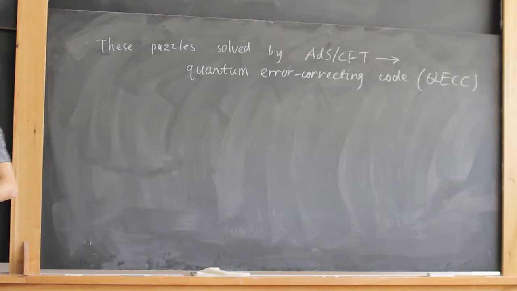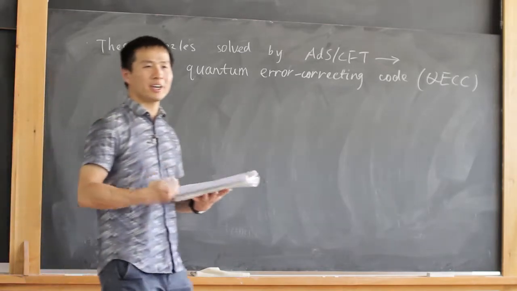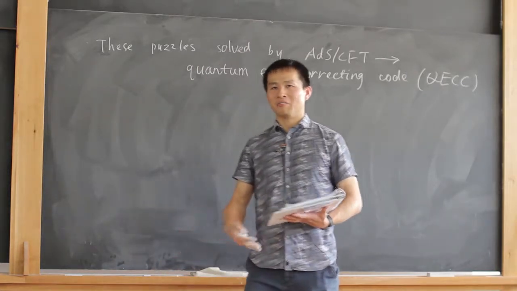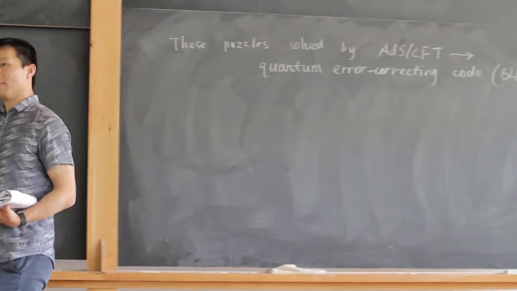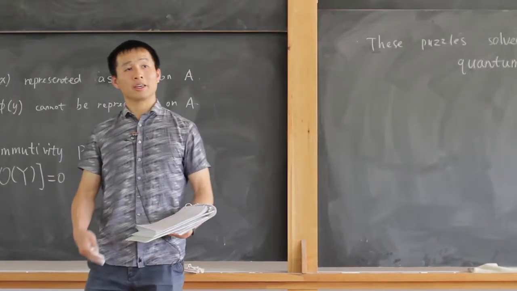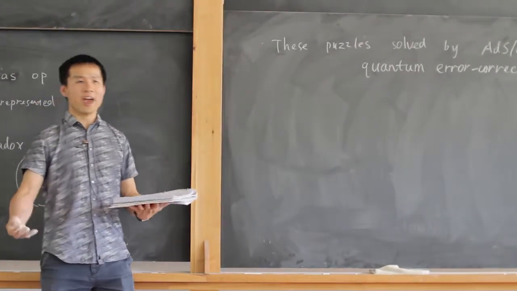If you don't know what a quantum error-correcting code is, don't worry, I'll give you an example. But generally speaking, this is a device that we use to protect quantum information from decoherence or other kinds of errors.